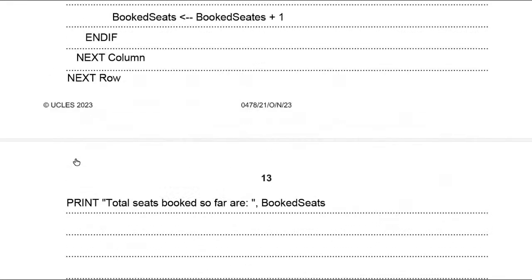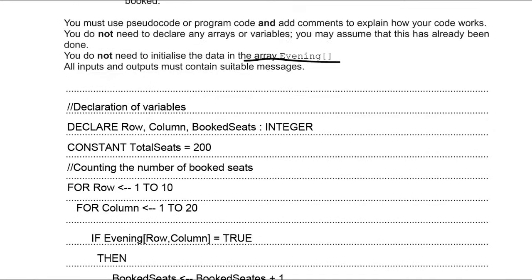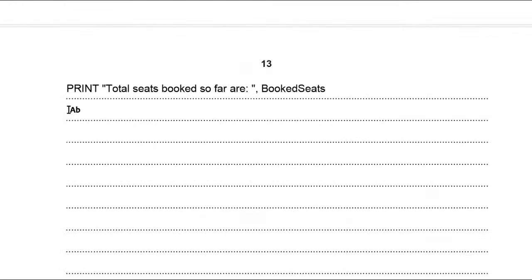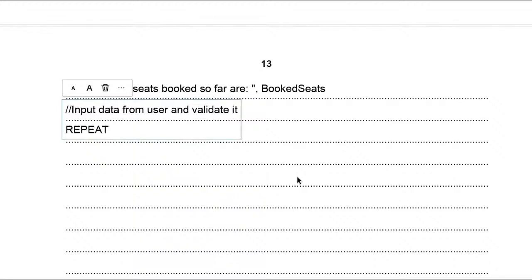All right, sure. That means we are going to need another variable by the name of number, or something like seats that the user wants. Input data from user and validate it. How do we validate?